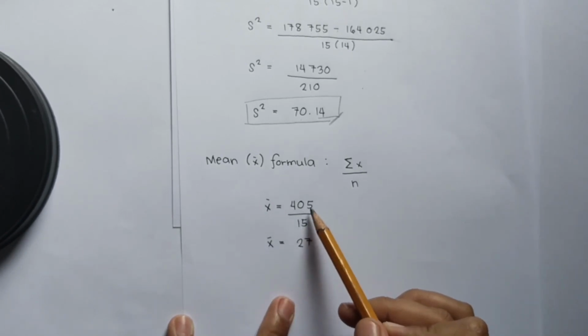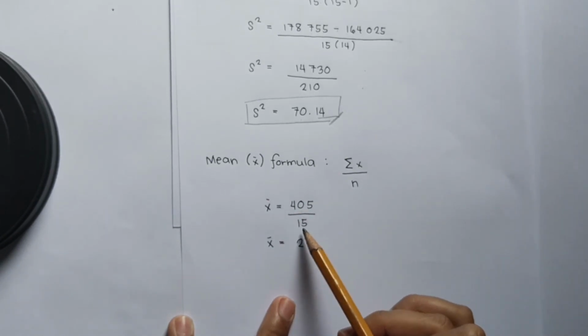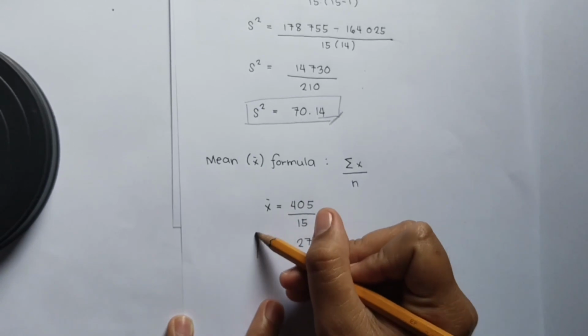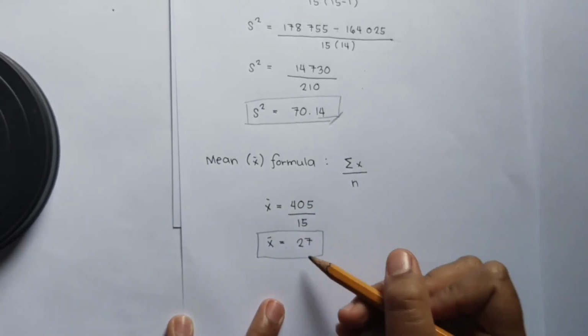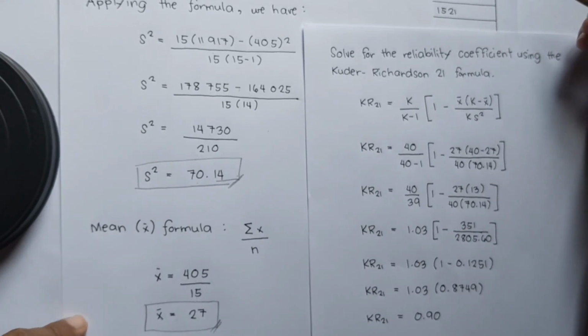So, i-divide lang natin ito, which is 405 divided by 15 is equals to 27. So, yung value ni mean is 27. And now, nahanap na natin yung value ni standard deviation or ni s squared and ni mean.